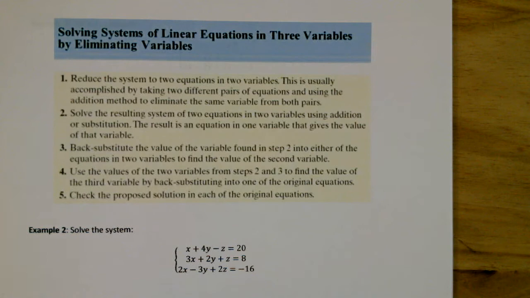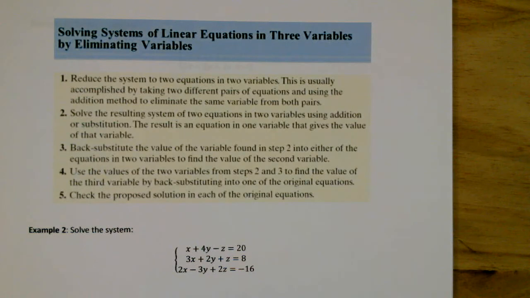And then in step number 3, you're going to back substitute the value of the variable found in step 2 into either of the equations in 2 variables to find the value of the second variable. And then step number 4 would be to use the values of the 2 variables from steps 2 and 3 to find the value of the third variable by back substituting into one of the original equations.